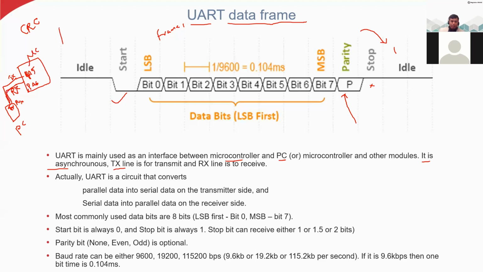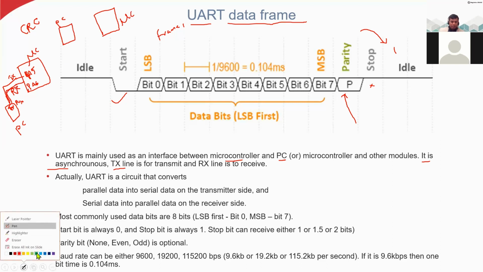Let's make it a little more clear. This is the microcontroller and this is the PC. I have the transmitter and the receiver pin here, and here I have the transmitter and the receiver pin.